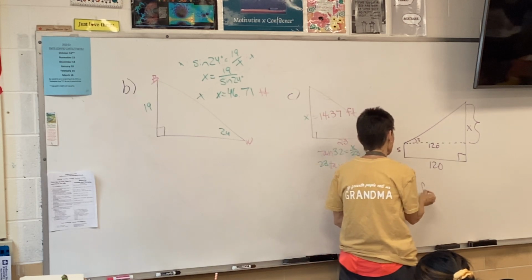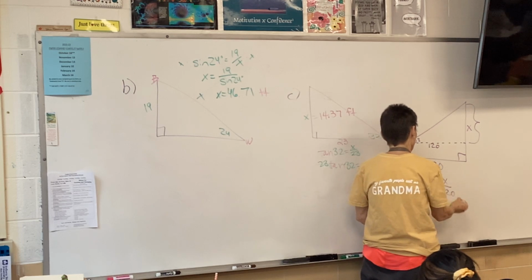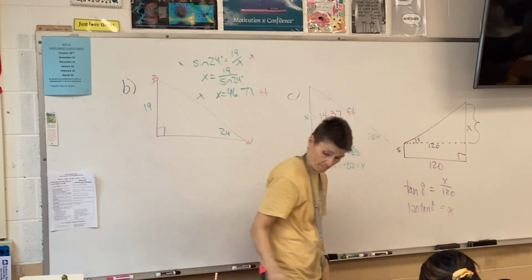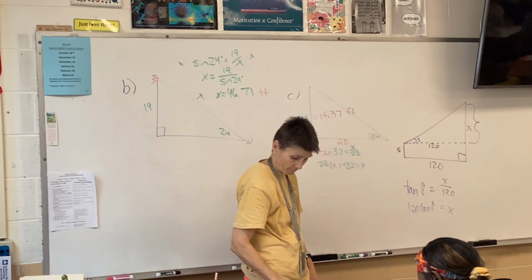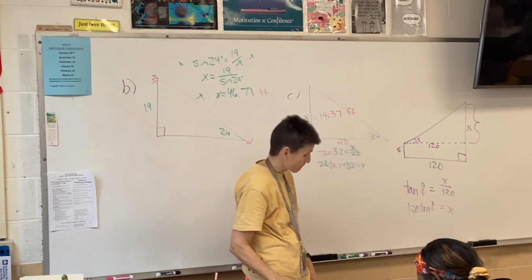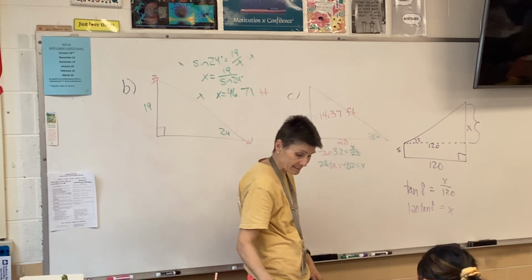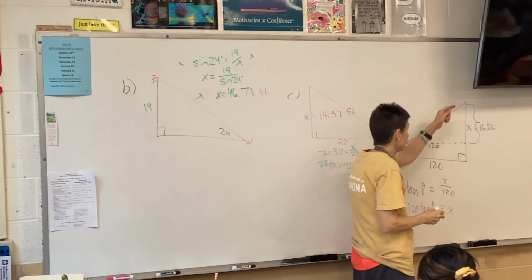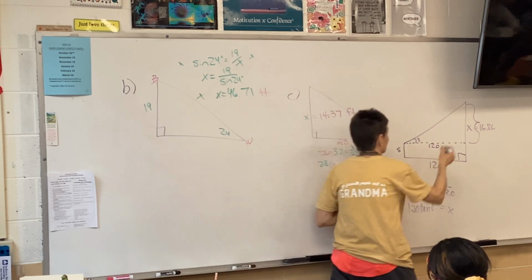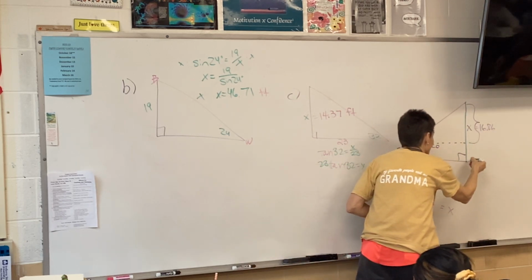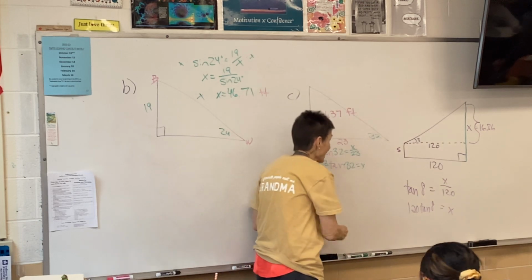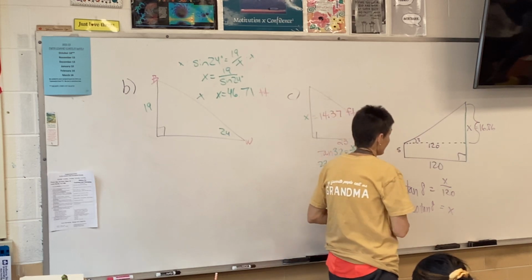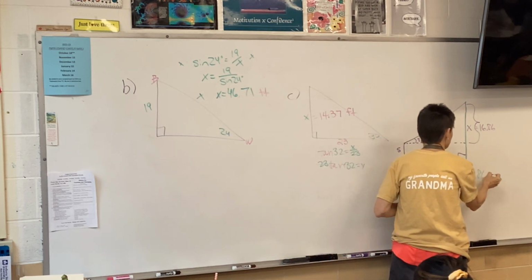Tangent again, so tan 8 equals X over 120. So I got 16.86 for this. But if I want the height of the whole tree, I'll have to add this 5 back on. So the answer to the whole tree is 21.86 feet.